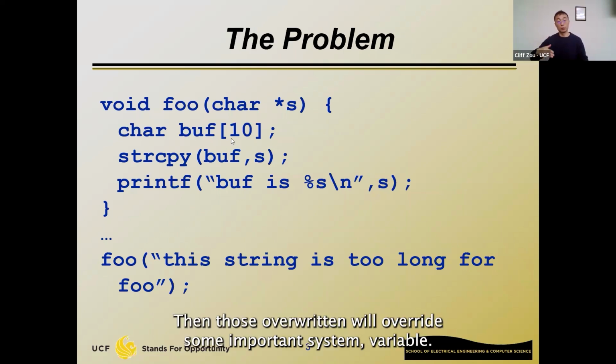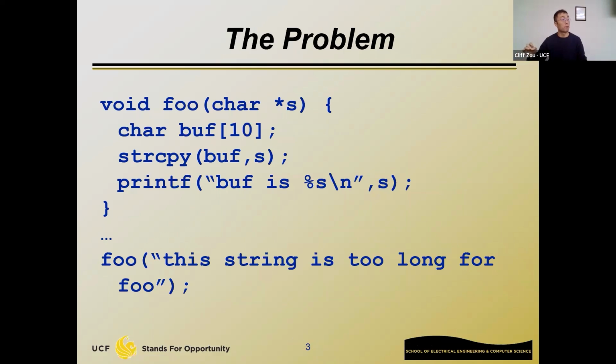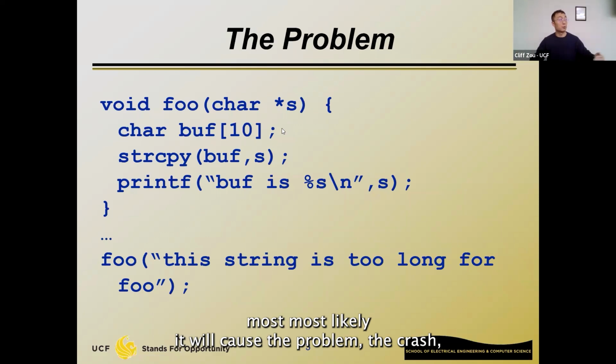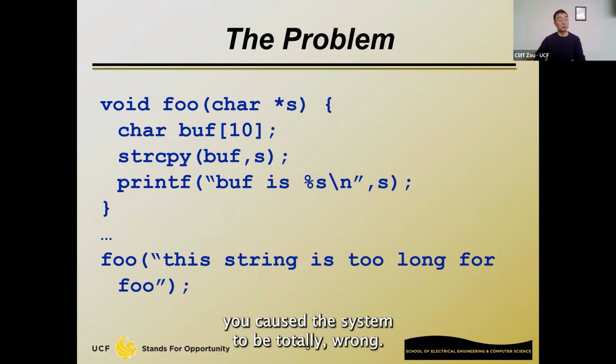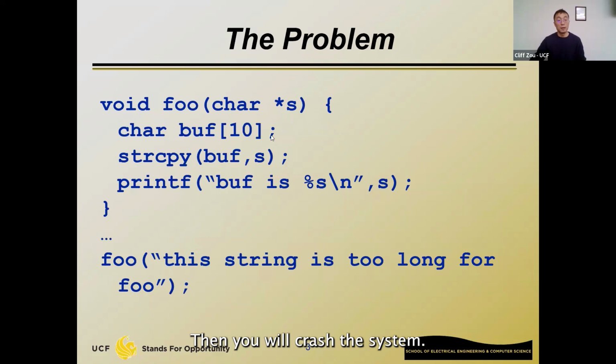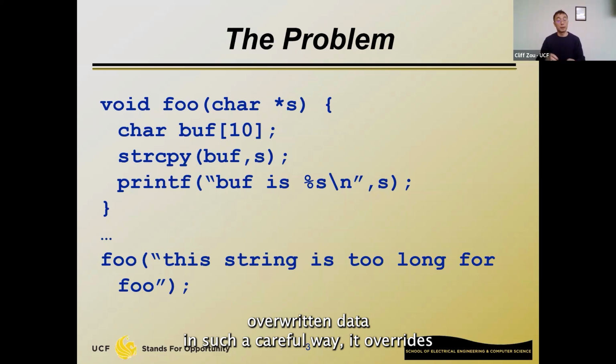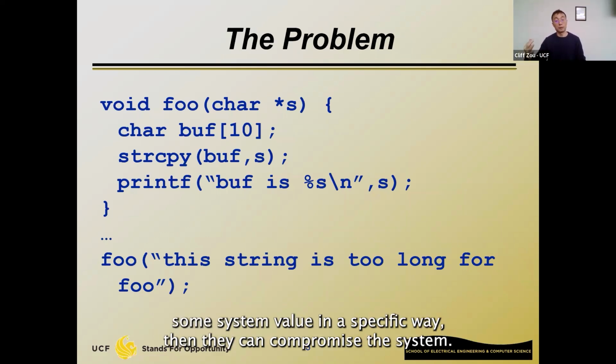Those overwritten values could overwrite some important system variables, and most likely it will cause the program to crash, because you overwrite many important data in memory. You cause the system to be totally wrong, then you will crash the system. But if the attacker puts this overwritten data in a careful way, so that it overrides some system value in a specific way, then they can compromise the system.